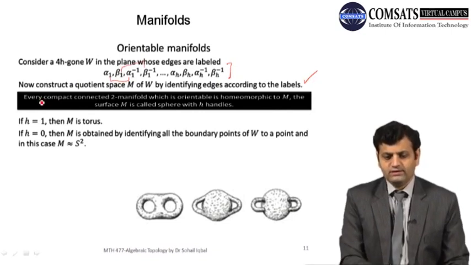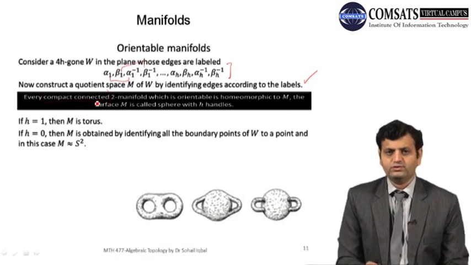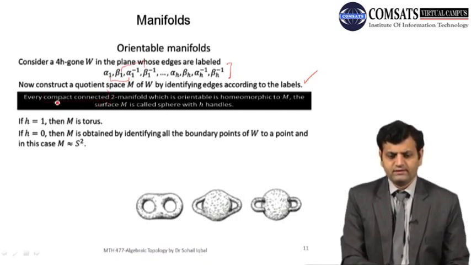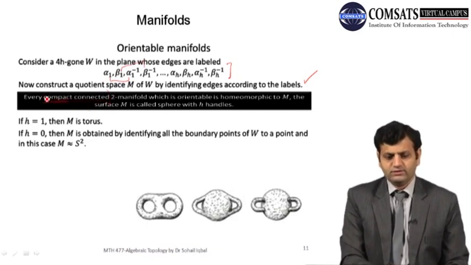In precise words we can say that every compact connected, we impose these conditions just to make sure. For example, if it is not connected, then we can talk about the two connected components separately. Similarly, if it is not compact, then it is not possible. So these two conditions are required for this result to work.